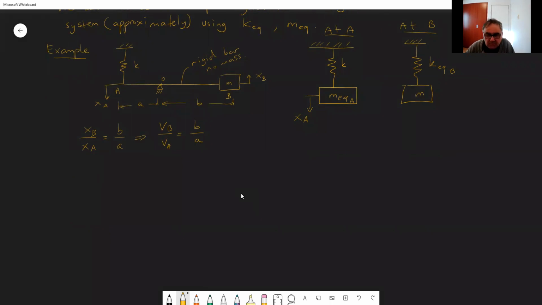Now, if you want to model it at A, you will usually use the kinetic energy of the system. Kinetic energy will be 1 over 2 m equivalent at A, VA squared. There is no mass there, but it would be 1 over 2 m. The mass is there, so m VB squared.